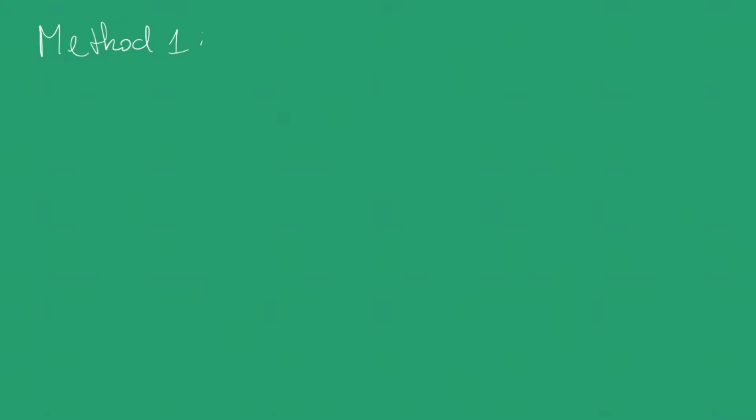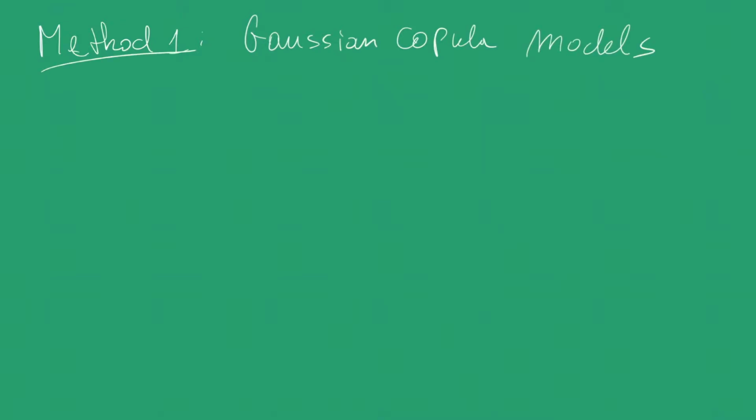In method 1, we will focus on Gaussian copula models. It means that instead of looking in the complete set A, we take only a subset of A. With this method, we can generate different dependent structures.